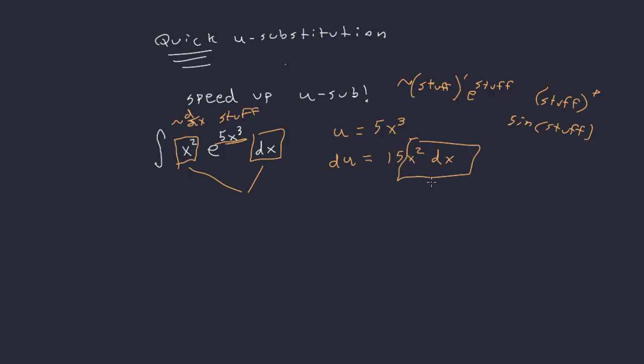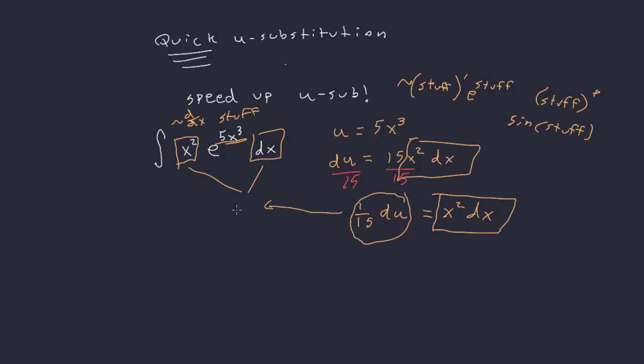So how you're usually taught to do this in most calculus classes is you divide over this 15, right, and you get 1/15 du is equal to x squared dx. All right, and then we have over here the x squared dx will now be replaced by this 1/15 du in our problem.